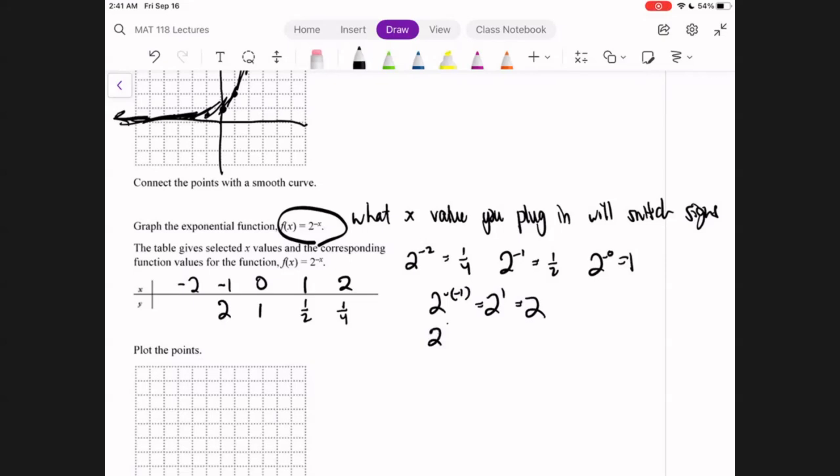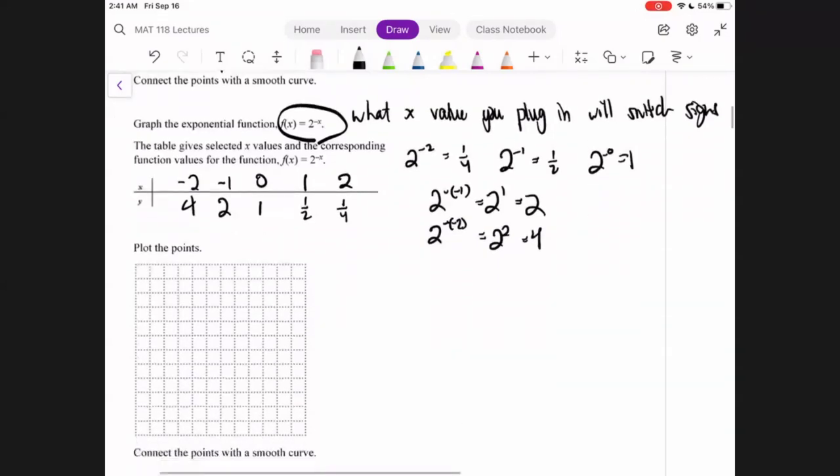And then 2 to the negative of the -2, which is 2 to the second, which is 4. And then I could plot this. So let's see what it looks like. So -2, 4, -1, 2, 0, 1, 1, a half.